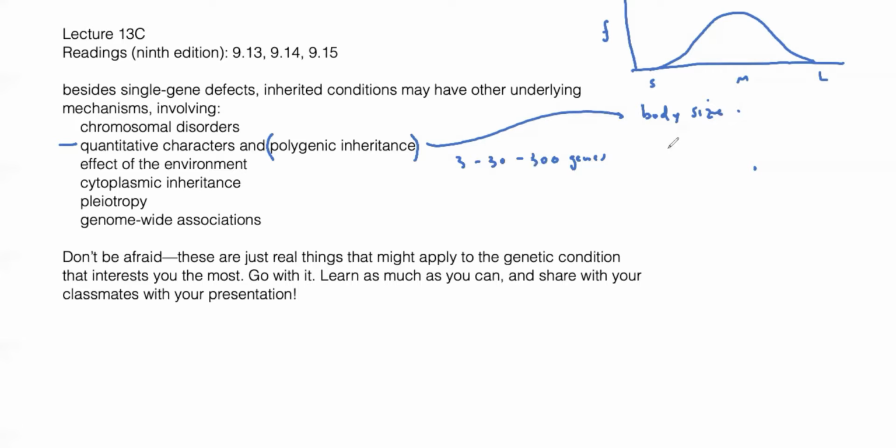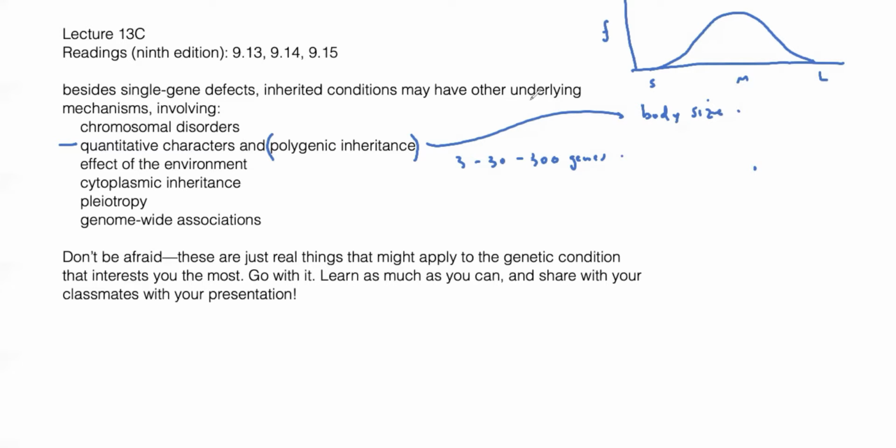And so there are conditions that similarly have different levels of severity, right? So maybe you have a very severe form of a disease. You might have a very mild form of a disease. Maybe the absence of the condition would be one extreme, and the most pronounced expression of the condition might be the one where you've got the greatest number of genes causing you to have that condition.